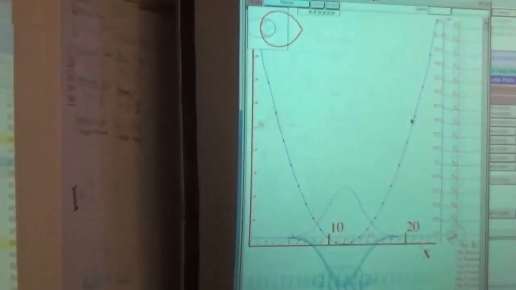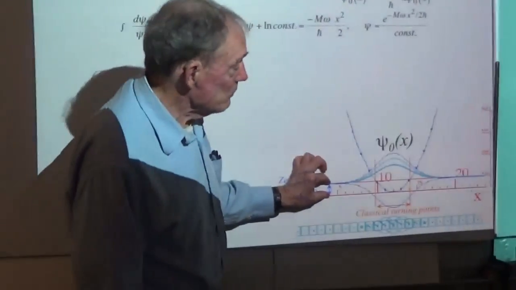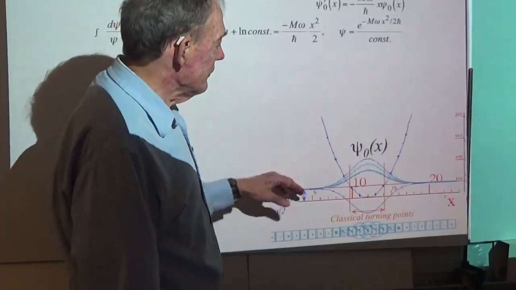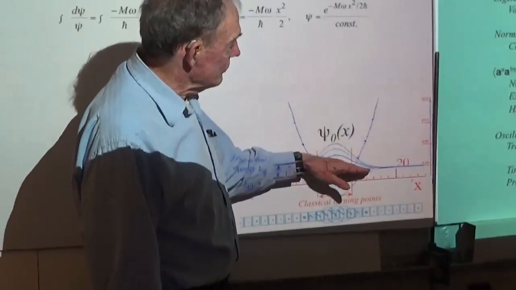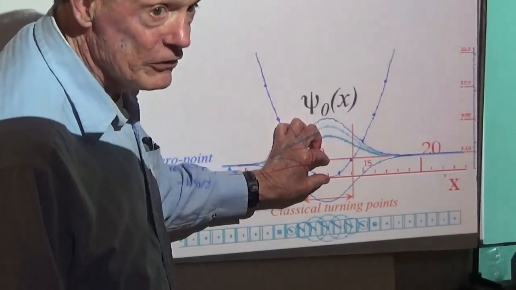So that's what we're dealing with, that this thing is going to be oscillating at this frequency right here. And what is that frequency? That's the frequency where this particular energy actually cuts the parabola. That's the 0-point motion.